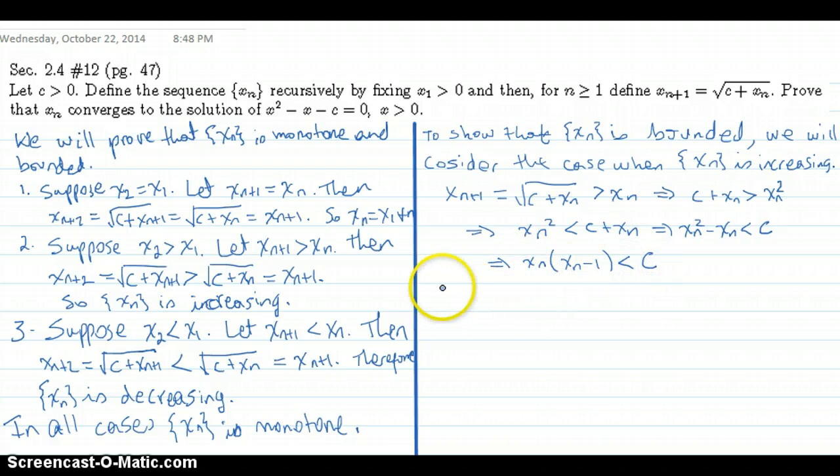Now, if x_n is less than 1, there's no problem, it's bounded by 1. If x_n is greater than 1, then x_n minus 1 is greater than 0.